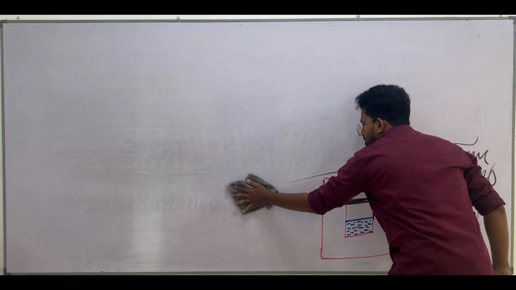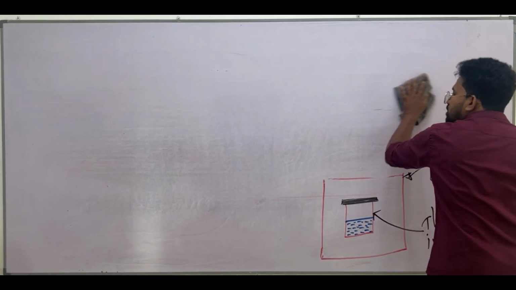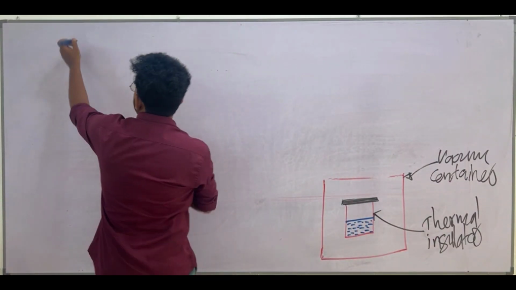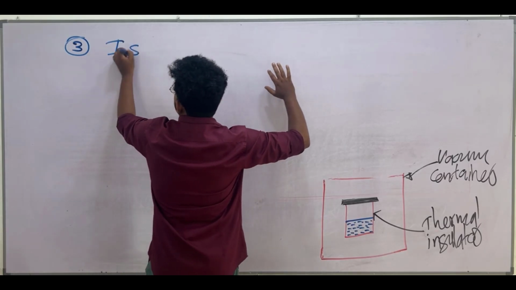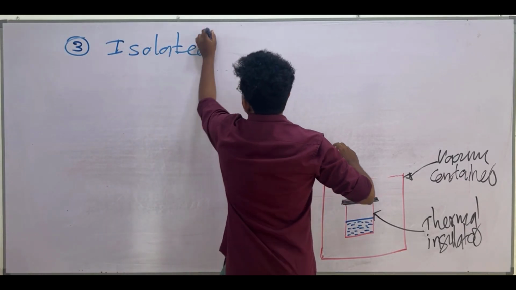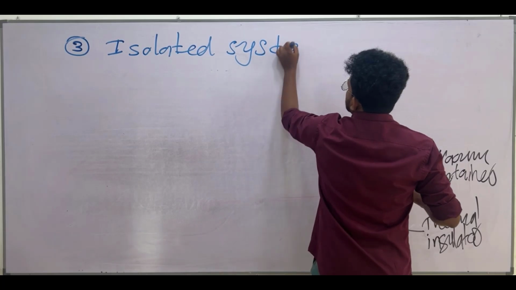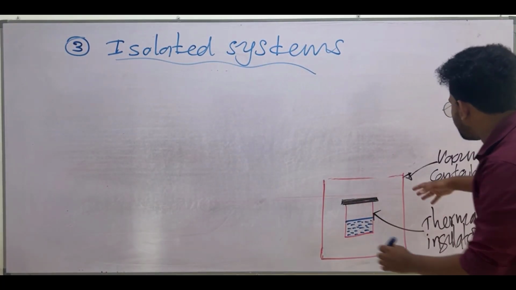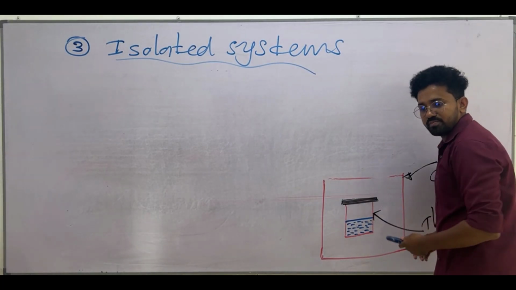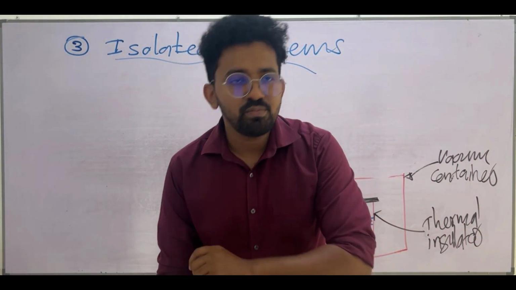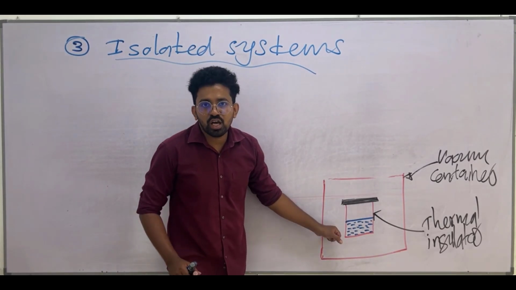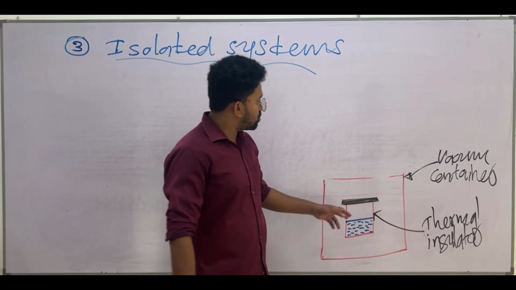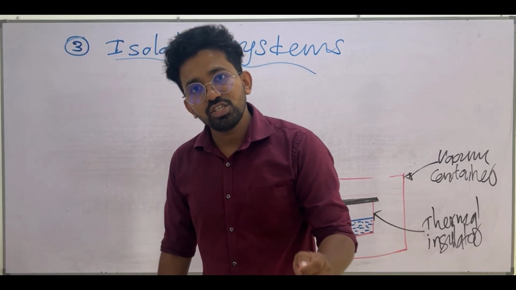And then the final one, we call the isolated system. The third one is the isolated system. So what happens here? Because of the vacuum, energy cannot transfer, but energy can transfer through a vacuum by radiation.